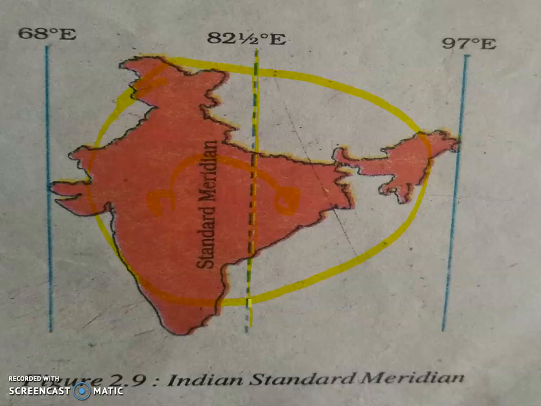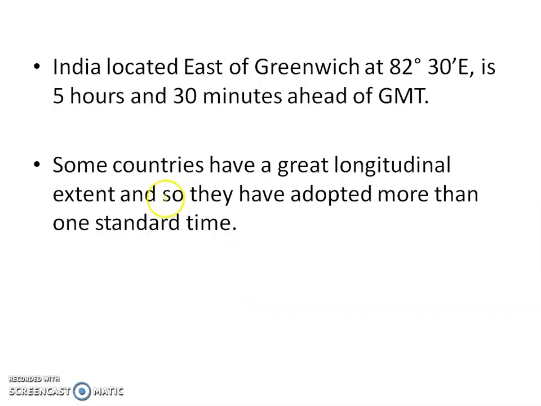Is it clear? India is located east of Greenwich at 82 degree 30 minutes east, as I told you before, and is 5 hours and 30 minutes ahead of GMT.